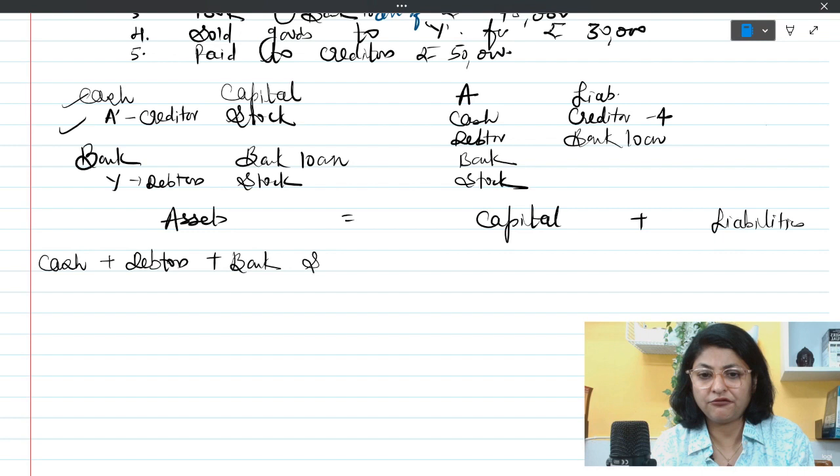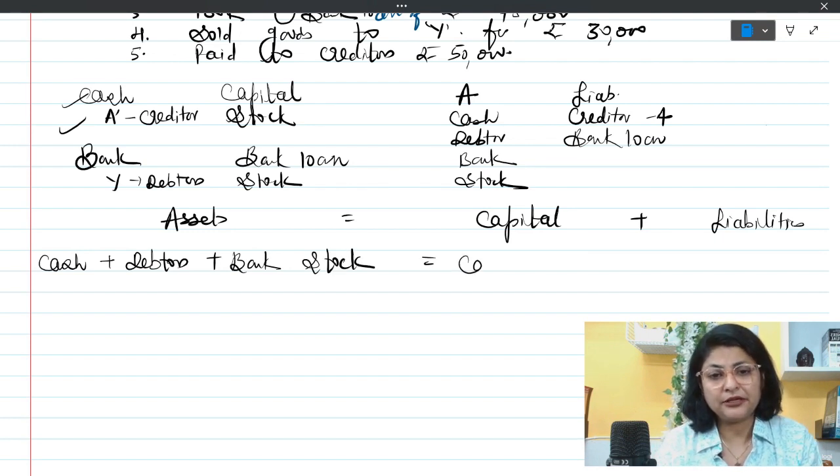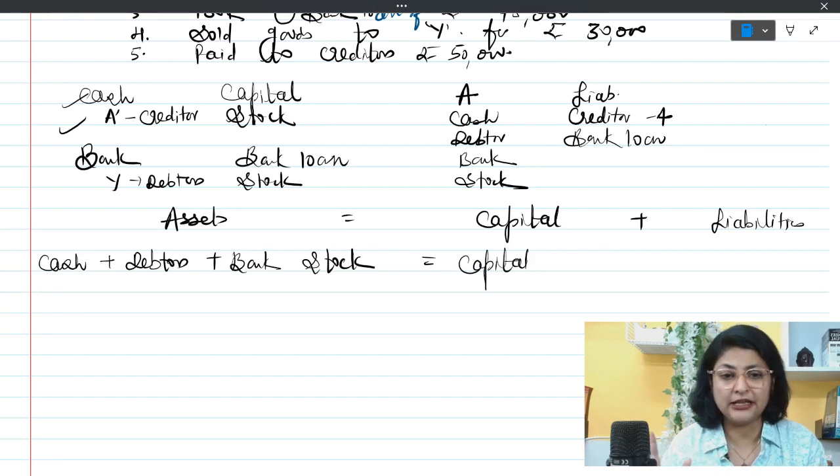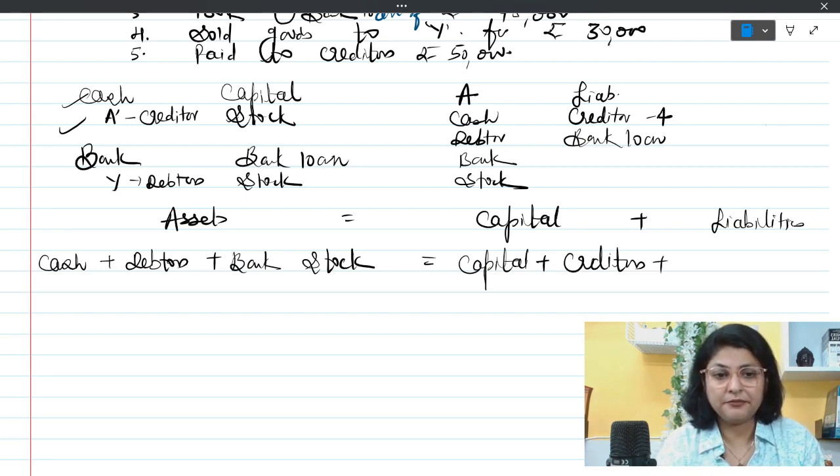So there are 4 columns altogether. Equals to, under capital nothing is going to come, so I will just write the capital towards the left, plus under liability I am going to write two things, creditors and bank loan.